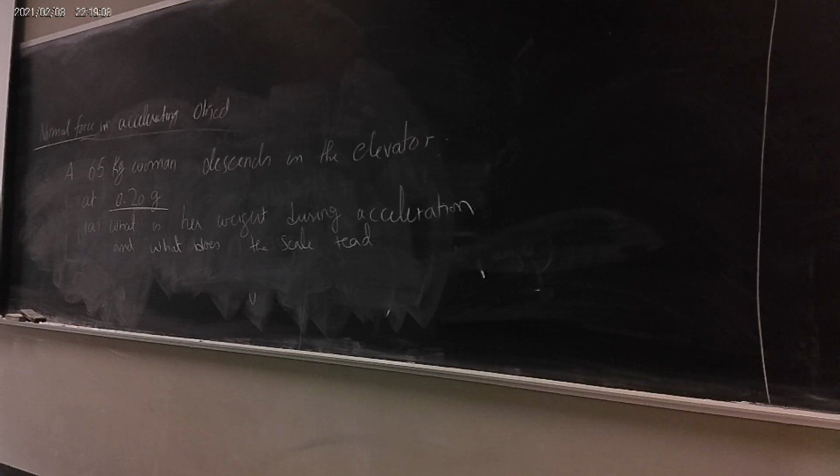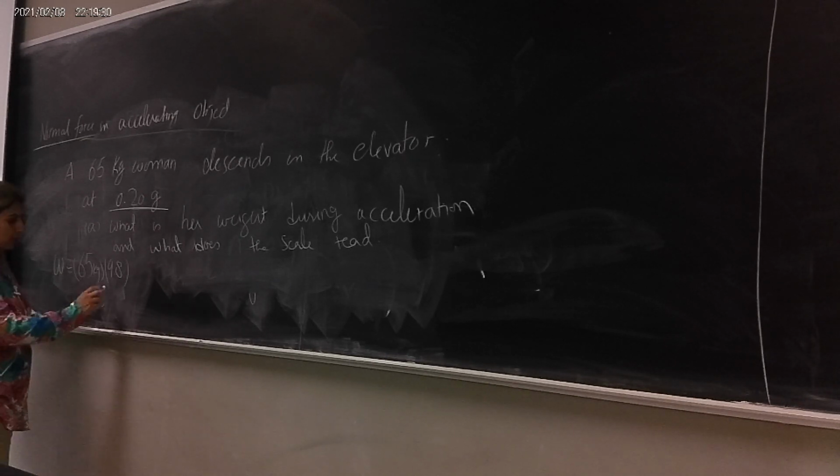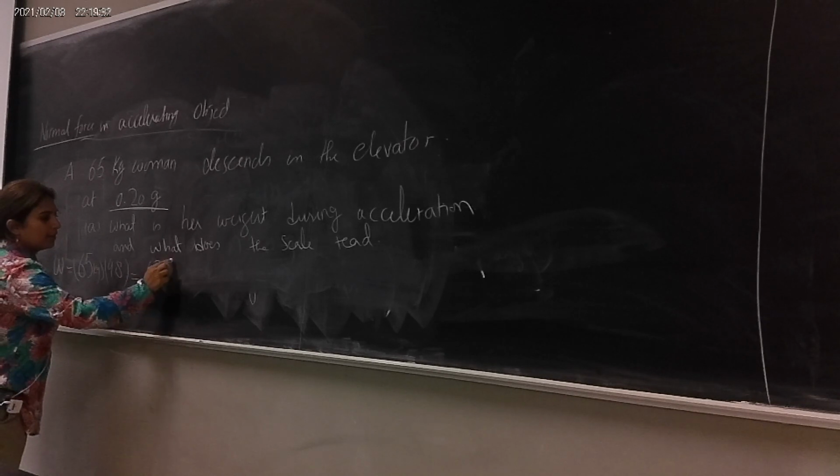Is it different from the actual weight? What is the actual weight? W is equal to m g, with 9.8. What is it? 637 Newton.